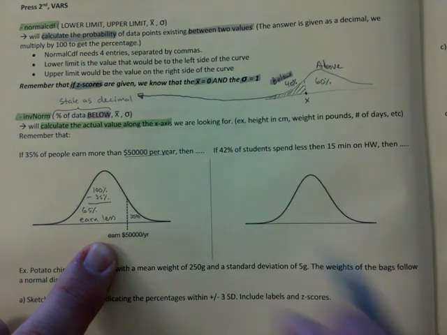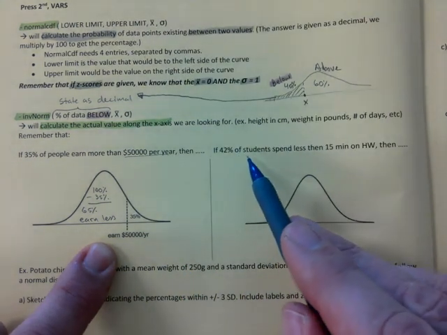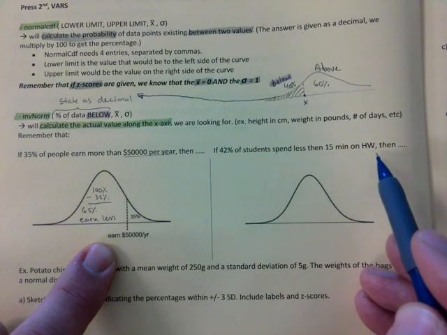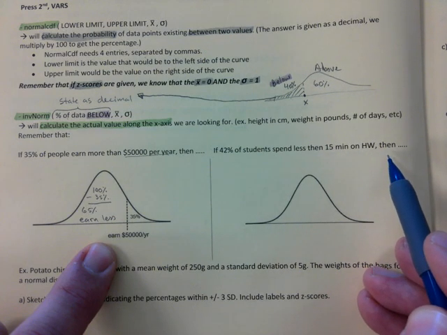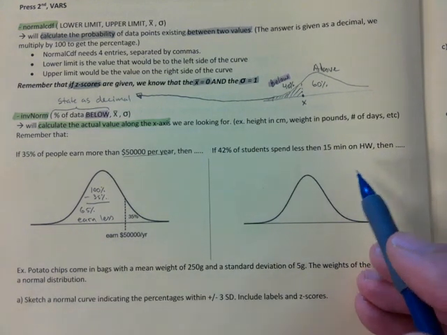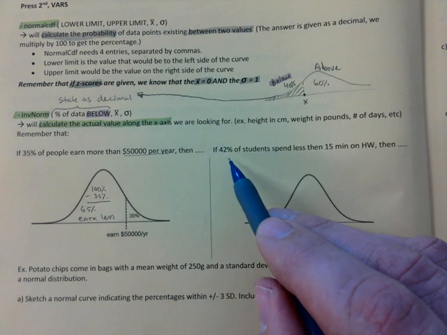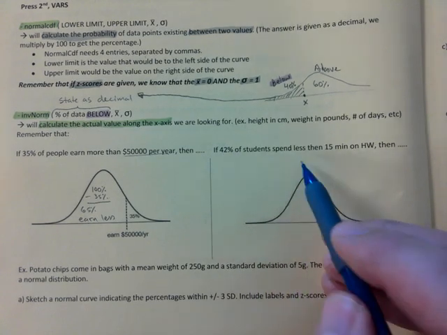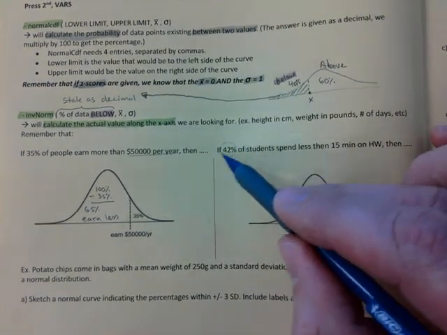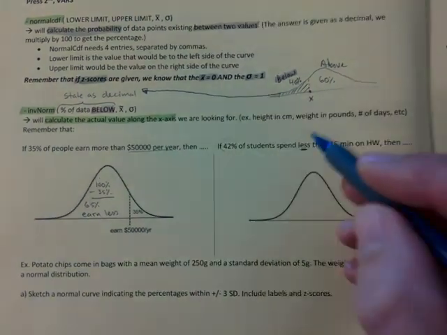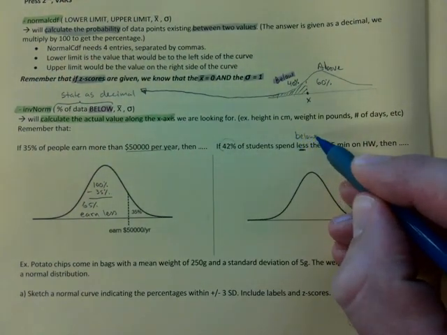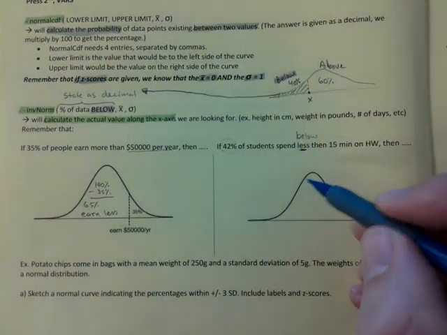Okay, if 42% of students spend less than 15 minutes on homework, then, not this group, a different group. 42% of students, if it gives you the percentage less than, right, that is below. That is automatically below.